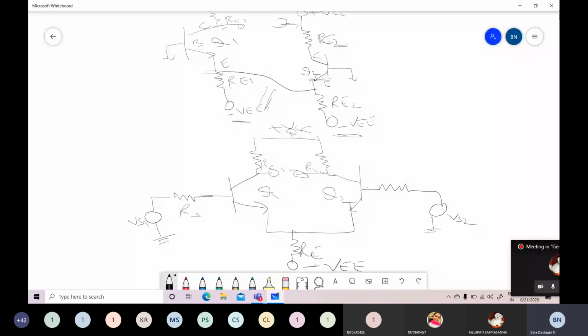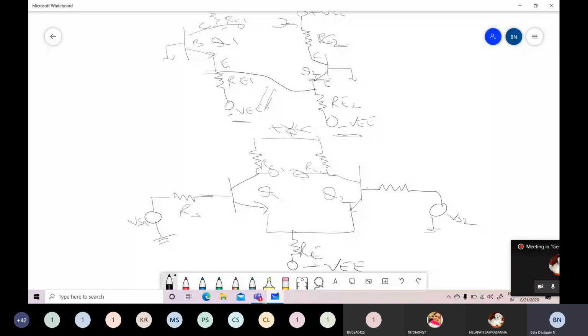Similarly, the collectors of Q1 and Q2 are connected to the VCC, and the outputs are taken at the two collectors. If the output is taken between the two collectors, then it is called balanced output or double-ended output. If the output is taken only across one collector, then it is known as unbalanced output or single-ended output.